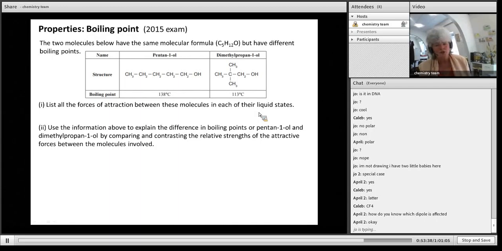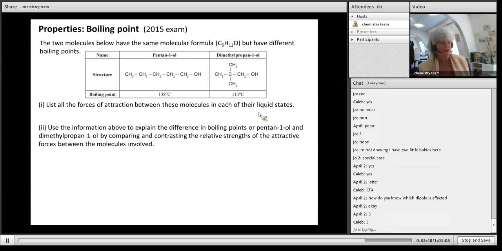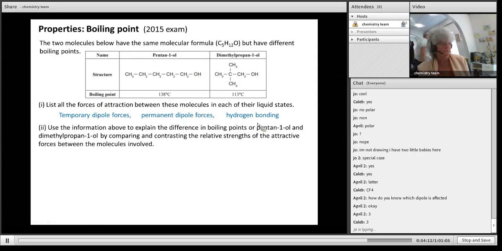Does it have only one type, 2 types, or 3 types of forces of attraction? 3. Correct. Because being a molecule, it'll have the temporary dipole force of attraction. It's polar because of this end. I know this end is pretty much non-polar, but this end is polar, so it'll have the permanent dipole force of attraction, and it's got an OH. The hydrogen is bonded to an electronegative oxygen, so it'll have hydrogen bonding. So there you go, you list them.